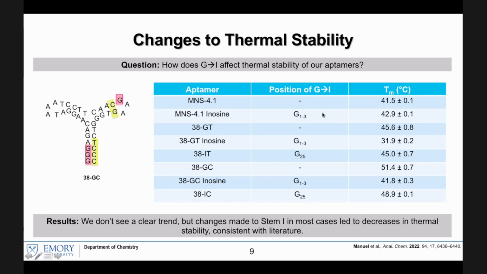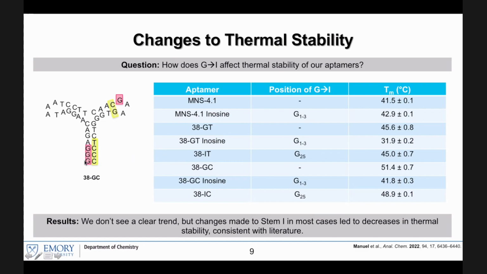we don't actually see a trend in our Tm studies. But one small trend I do want to note, we don't see a large trend, but one thing we do see is that if we have our parent aptamer, right? So MNS 4.1, 38 GT, again, no position G to I, and 38 GC.